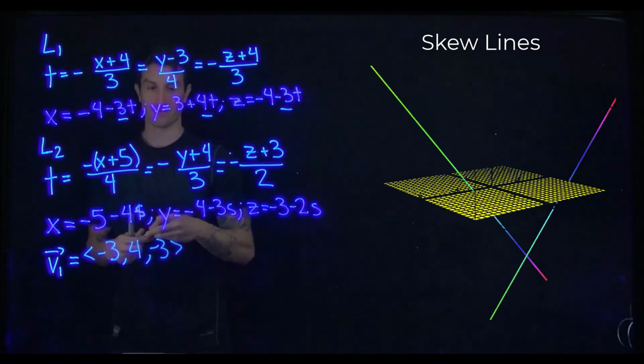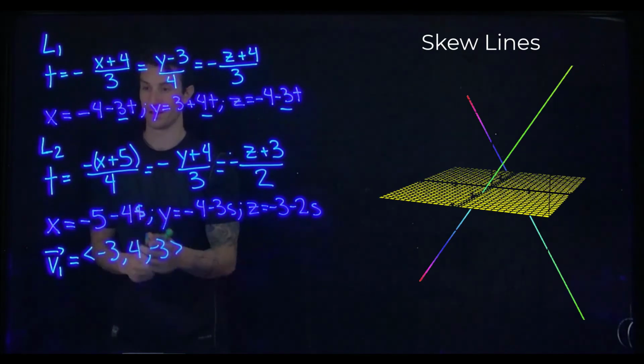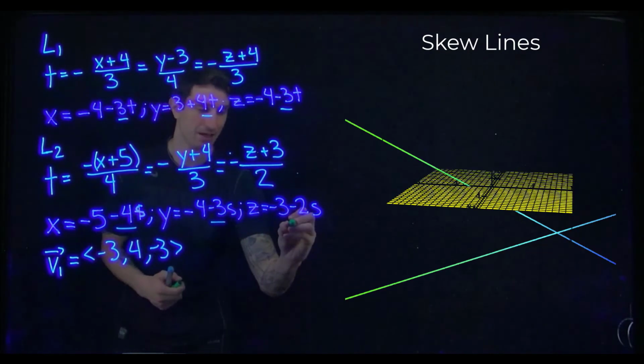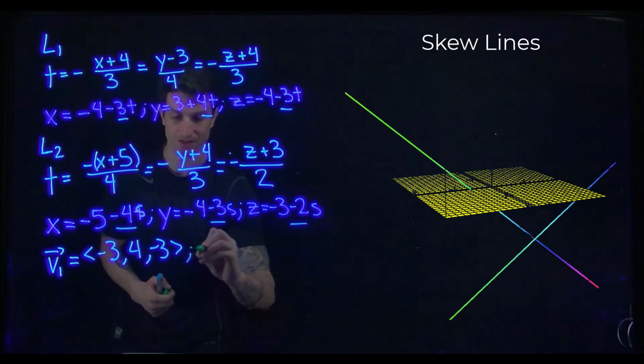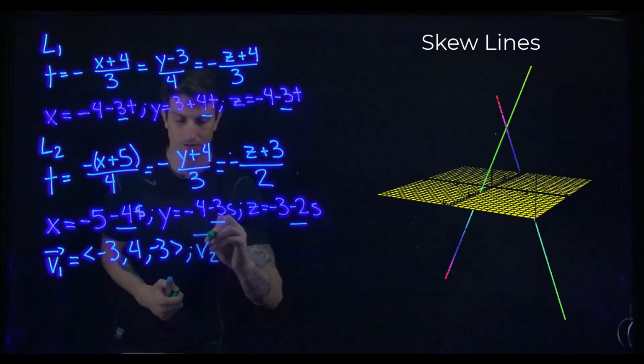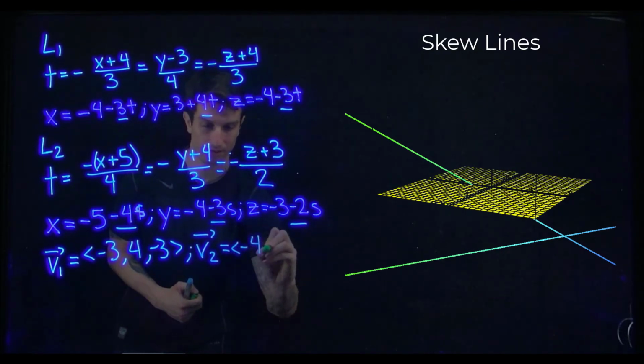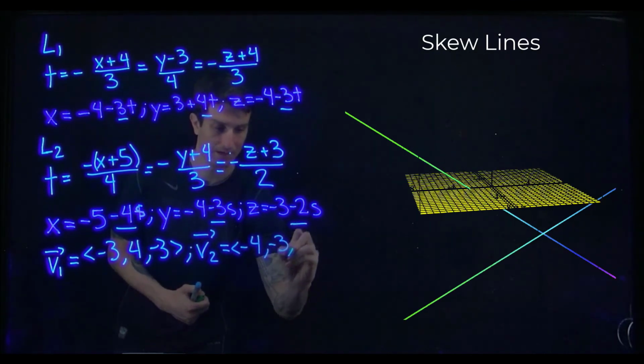And we'll do the same thing here with our L2. What do we have? Negative 4, negative 3, negative 2. So we'll say V2, our second direction vector, we have negative 4, negative 3, negative 2.